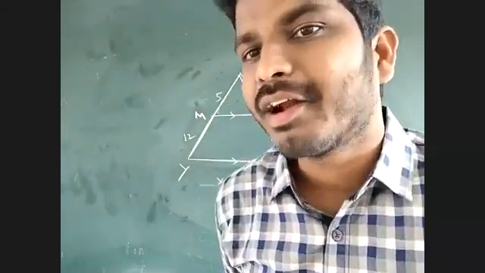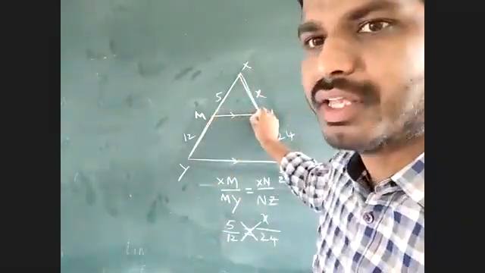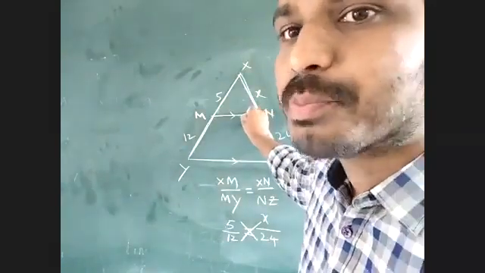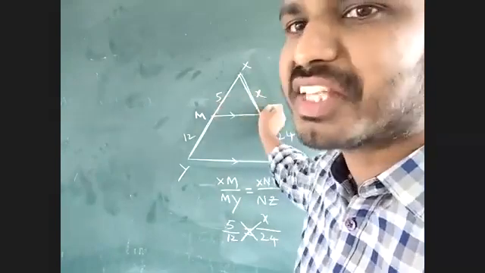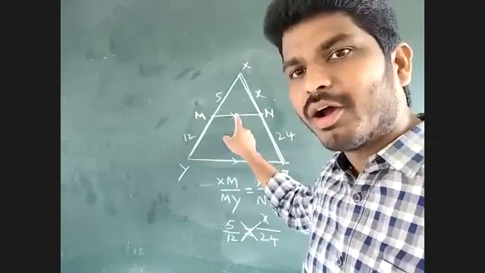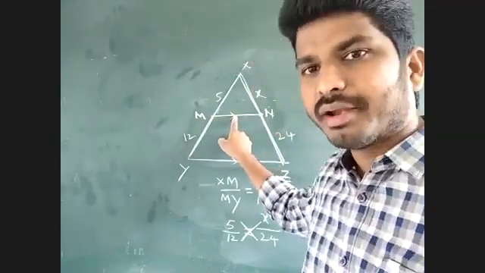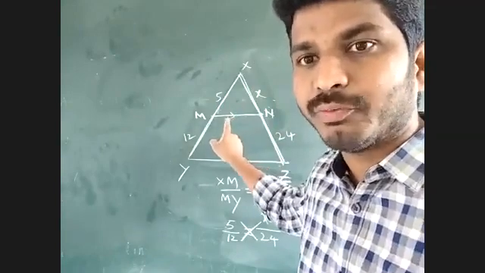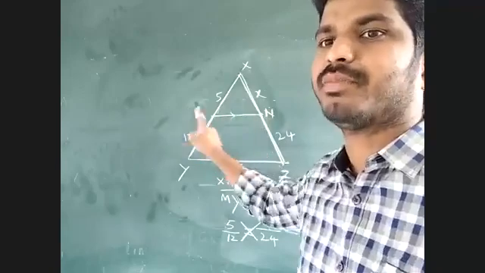If a line is drawn parallel to any one side of a triangle, then this line divides the other two sides in the same ratio.